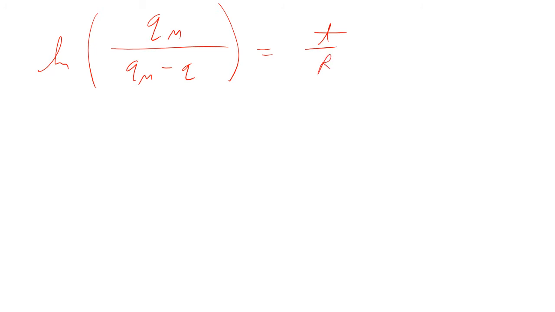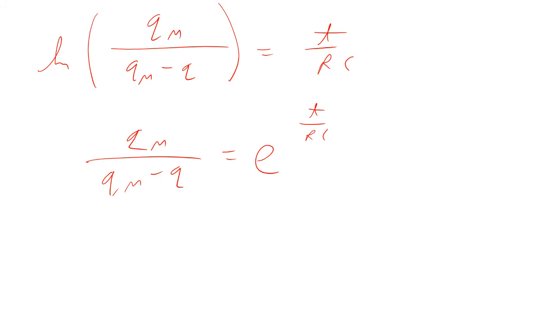And so we have the natural log of the maximum charge over the maximum charge minus the charge at some moment in time equal to T over RC. So we get rid of the natural log: Qm over Qm minus Q equals E to the T over RC.